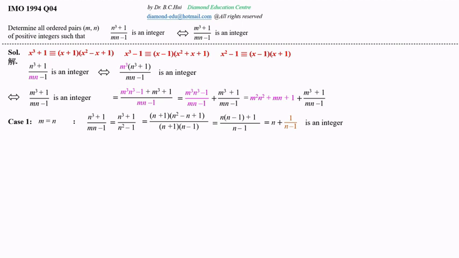We want this to be an integer. The only possibility is n equals 2. Since m equals n, both of them equal 2. In this case, (n^3 + 1)/(mn - 1) equals 3, which is indeed an integer. So we get one solution.